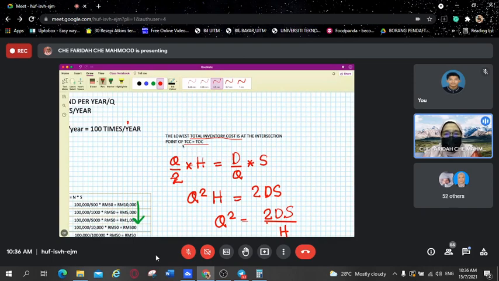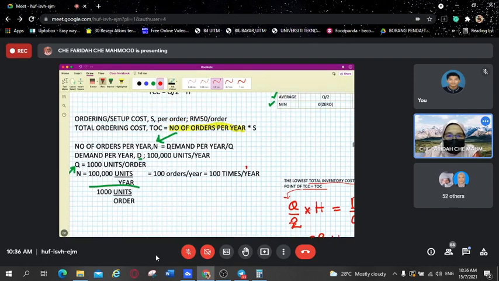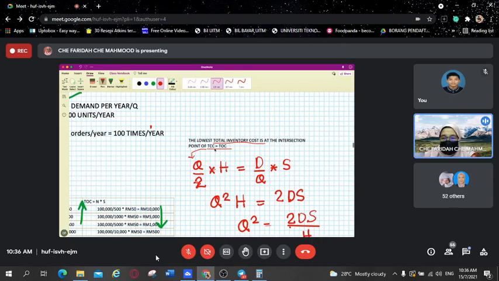We use the formula: TCC is Q over 2 times H, and TOC is D over Q times S, where D is the demand, S is the ordering cost, and D over Q is the number of orders.